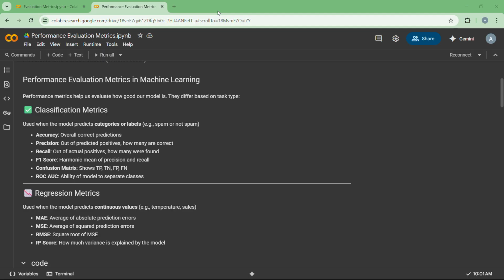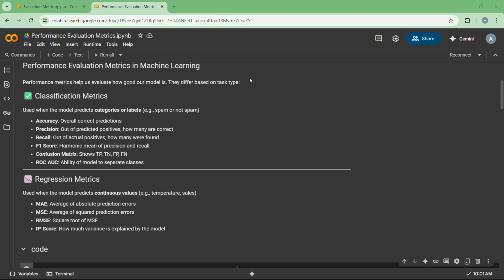Precision means out of predicted positives, how many are correct. Recall means out of all actual positives, how many were found. F1 score means the harmonic mean of precision and recall. Confusion matrix means TP, TN, FP, FN. ROC-AUC means the ability of the model to separate classes.